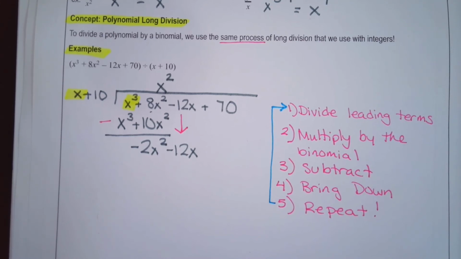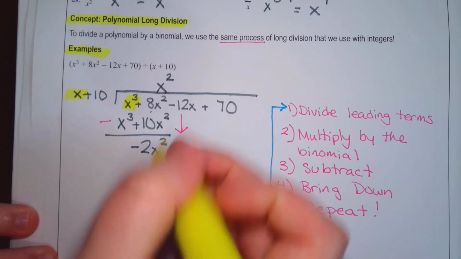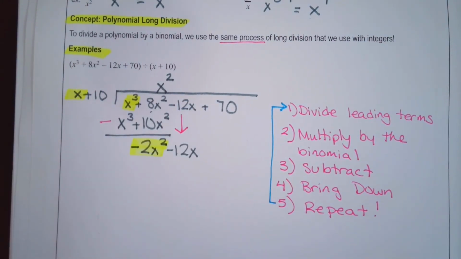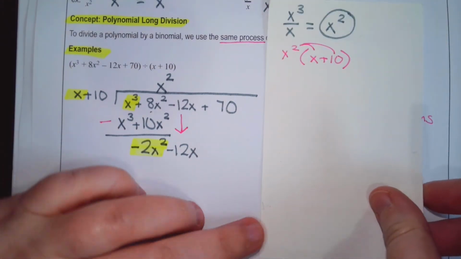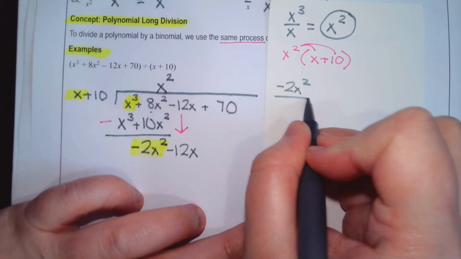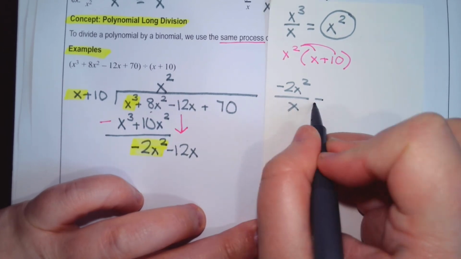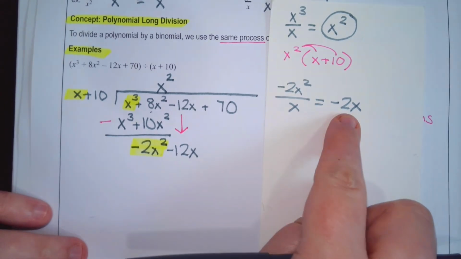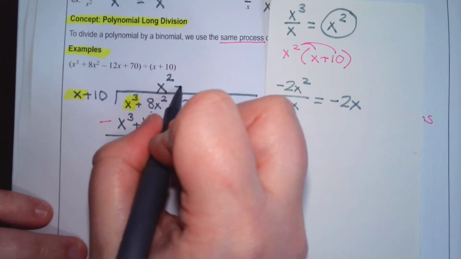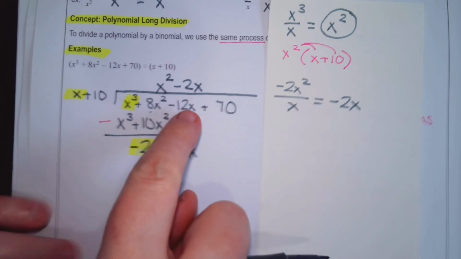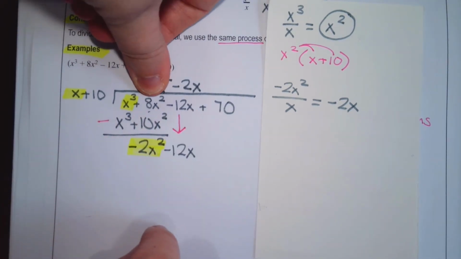So now, our new leading term is negative 2x squared. So now, we have negative 2x squared divided by x. And that's going to be negative 2x. So now that answer is going to go up into the top. And now we ignore the x squared.